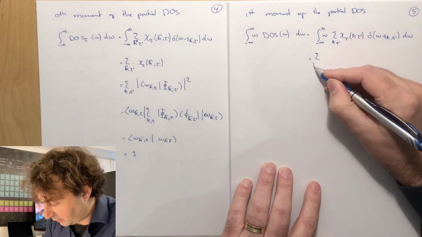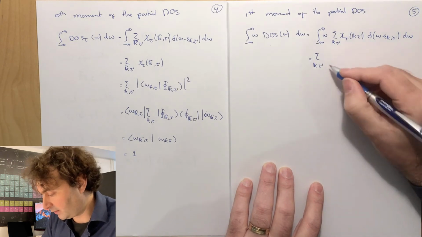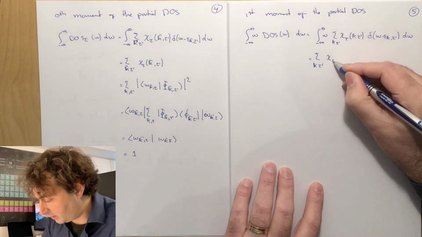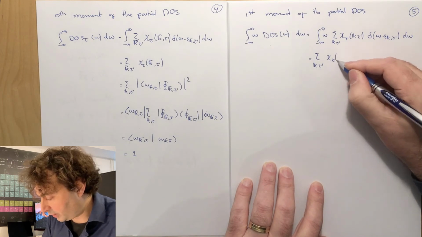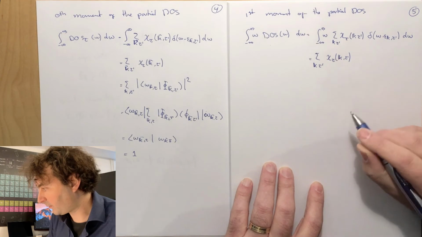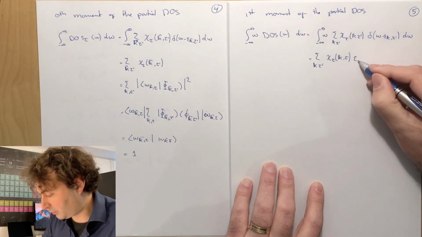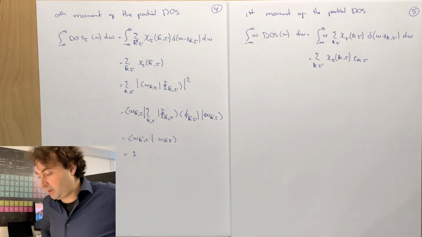So what we have here is the sum over all crystal momenta and band indices tau times the character projected to tau of that state times epsilon k tau prime. So times the energy that we have.